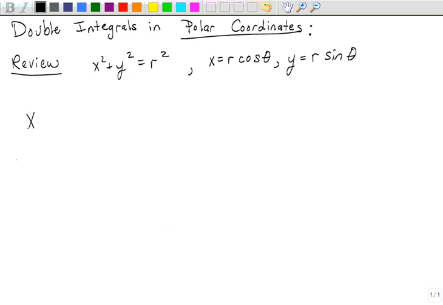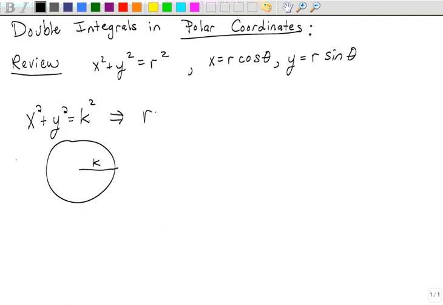If you remember, if we just had any circle, x squared plus y squared equals k squared, where k is a constant, then we can change to polar coordinates. We can just say that the circle with radius k is r equals k.